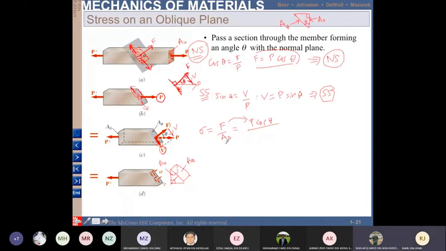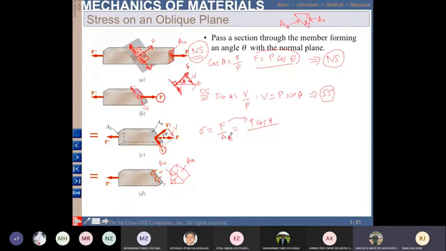So your A naught, A original, equal to, so when it is tilted, it's equal to F over A theta actually.